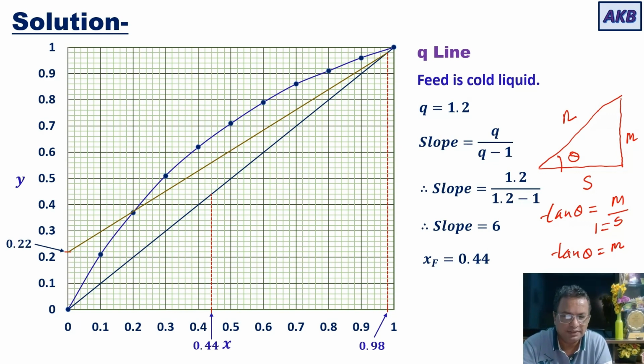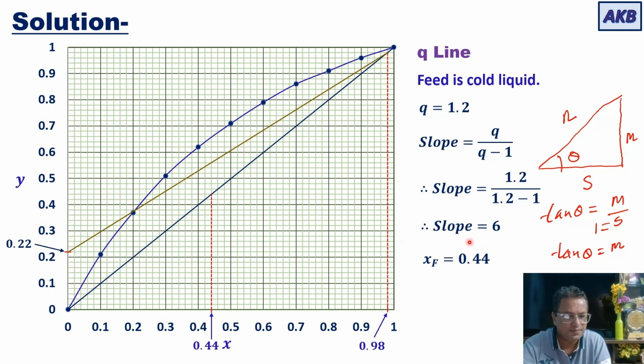So this distance, we are making it to be 1. And then in that case, slope will be simply equal to the opposite distance, that is M in this case. Okay, so let us do that.